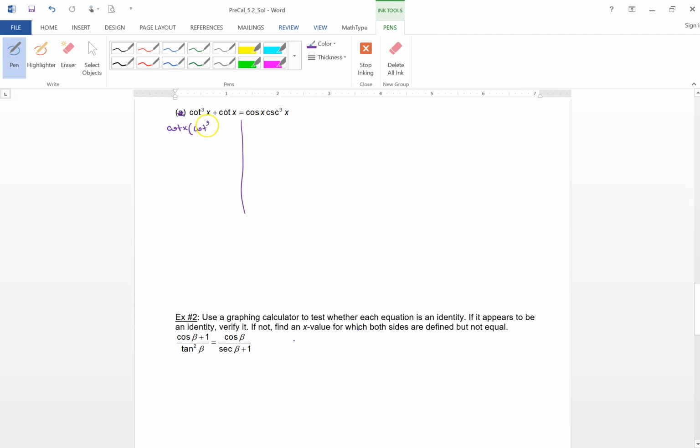And I have cotangent squared x plus 1. Well, what's the identity? Cotangent squared theta plus 1 equals cosecant squared theta. So this is cosecant squared theta.